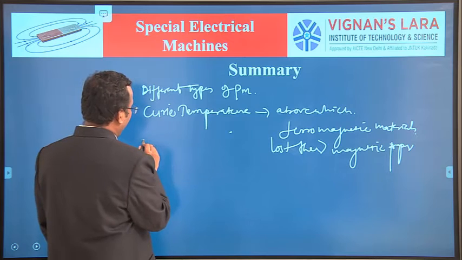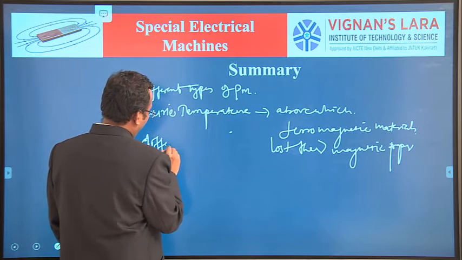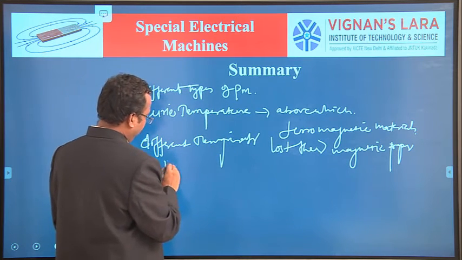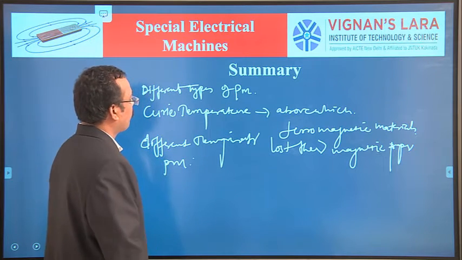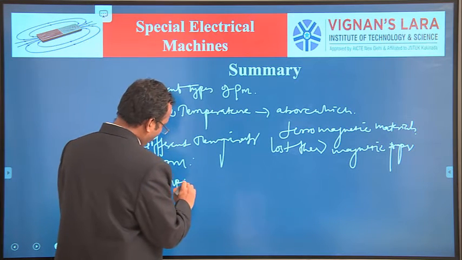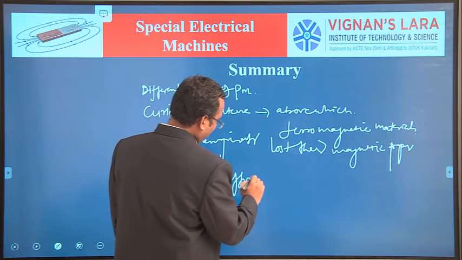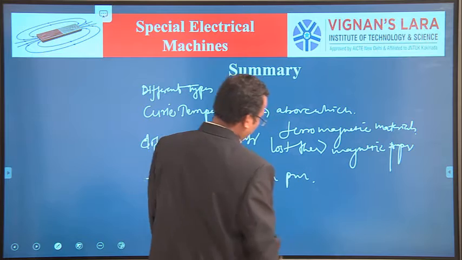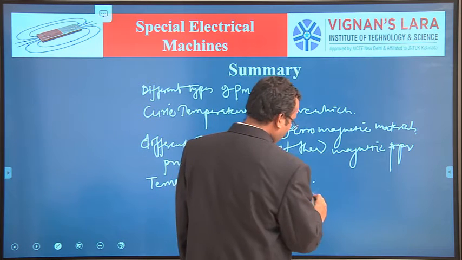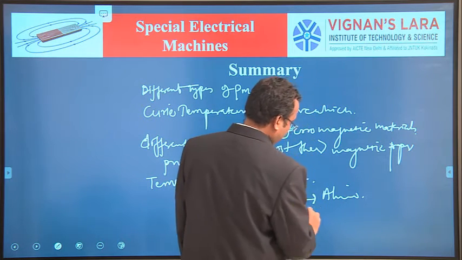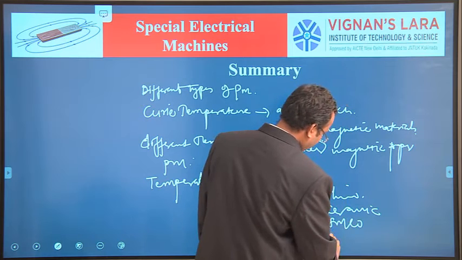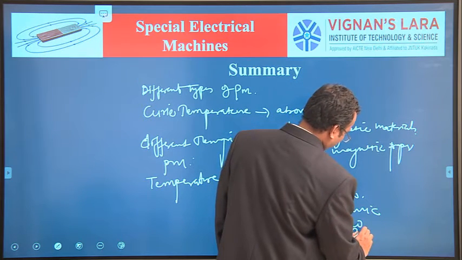We also studied the temperature range of permanent magnet materials and discussed the temperature effects on them. We discussed four magnetic materials with the temperature effect: the first is Alnico, the second is ceramic, the third is SmCo, and the fourth is neodymium, iron and boron.